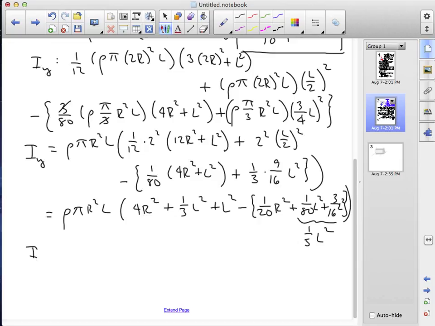So our IY, we have an r term of 4r squared minus 1/20th r squared, which is 79 over 20 r squared. And then we have a 4/3 minus 1/5 L squared, which gives us a 17 over 15 L squared.